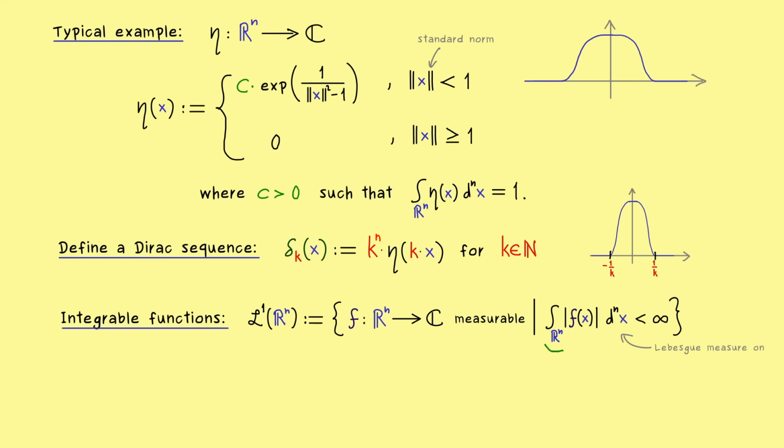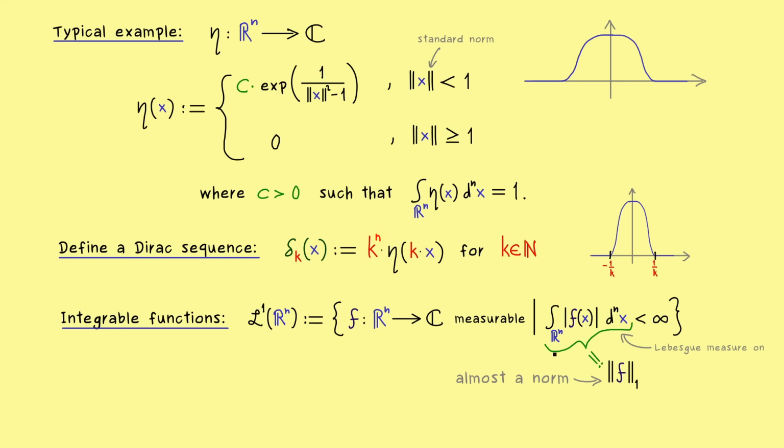And then this finite number that we get when we integrate the absolute value of f is usually called the L1 norm of f. So we also use the norm symbols and put the function f inside. And to avoid any confusion, we use a 1 in the index. And to be honest, it's not quite a norm on this space here, because non-zero functions could still have norm 0.